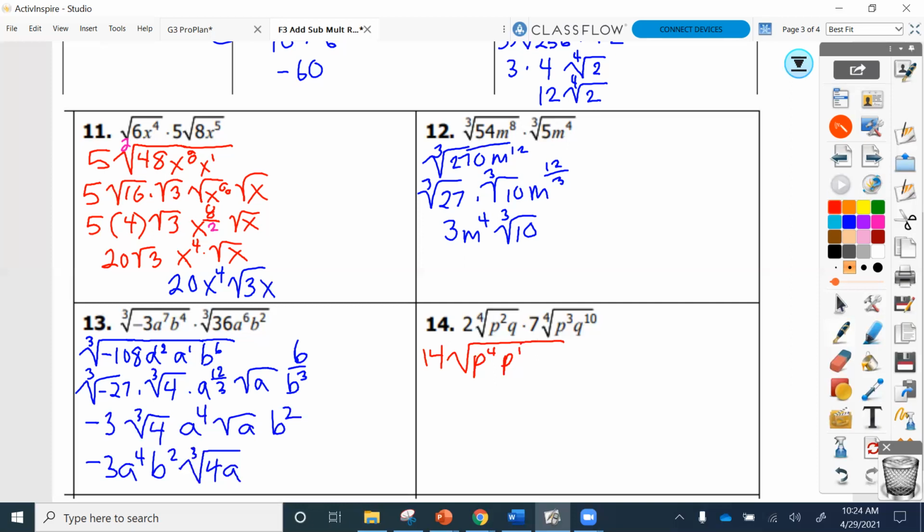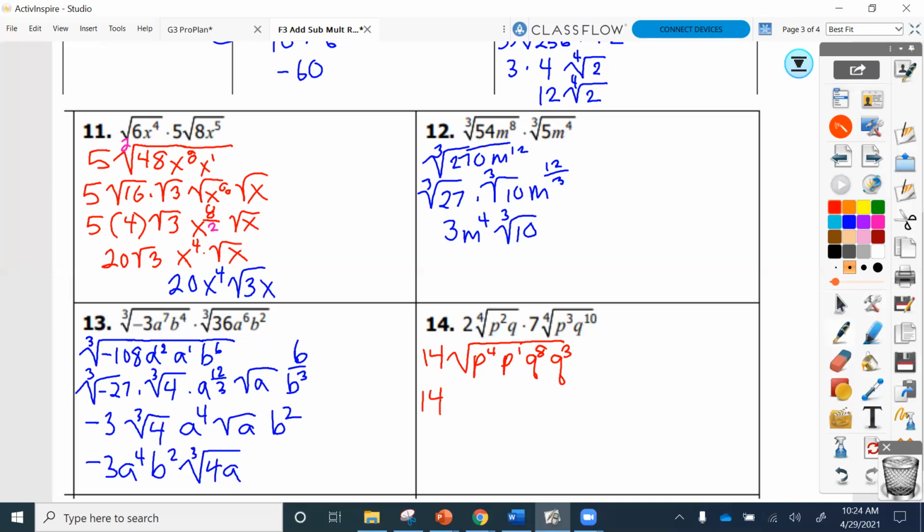Now q's, we have 11 q's. So I want it to be divisible by 4. So I'm going to split it up with 8. And 3 makes 11, but 8 is the biggest number divisible by 4, right? That's why I chose that.